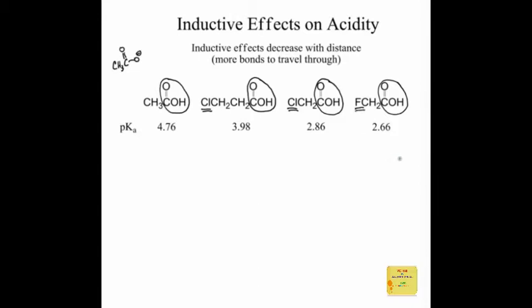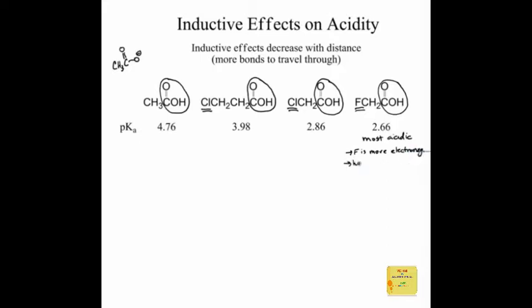And what do we see as an effect on the pKa's? We see that as soon as we put a halogen on here, we lower our pKa. And in fact, this is going to be the most acidic with the lowest pKa. And why is this the most acidic? Well, that's because the fluorine is more electronegative compared to the chlorine.